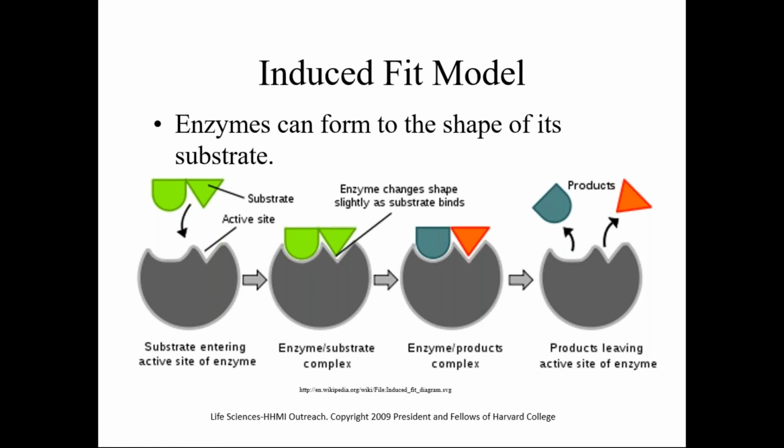It changes its shape and then you get the enzyme-product complex and the product is released and the enzyme is ready for the second cycle. So two hypotheses are there, the lock and key mechanism and the induced fit model.